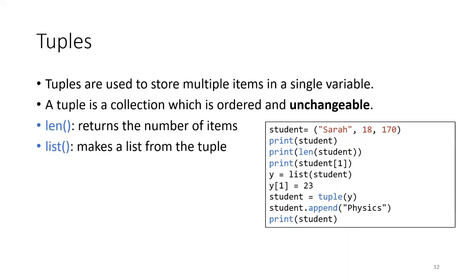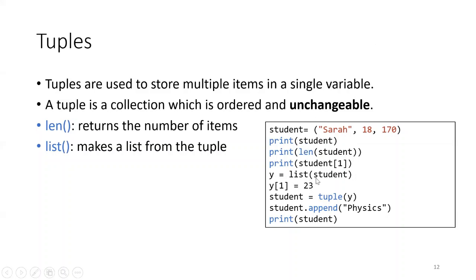For example, the item that comes in the first position has index 0.